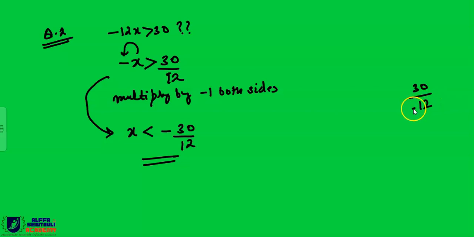This is 30 by 12, so 2 6s are 12, 15 by 6. When you divide 15 by 6, 6 2s are 12, 3 is left, 6 5s are 30. Exactly 2.5. So this question can be written as x is less than minus 2.5. You have to take all the numbers which are less than minus 2.5.